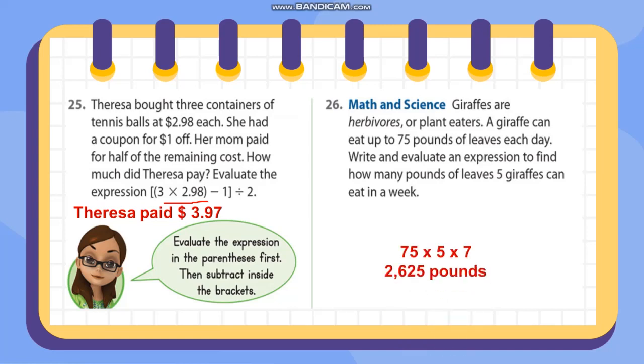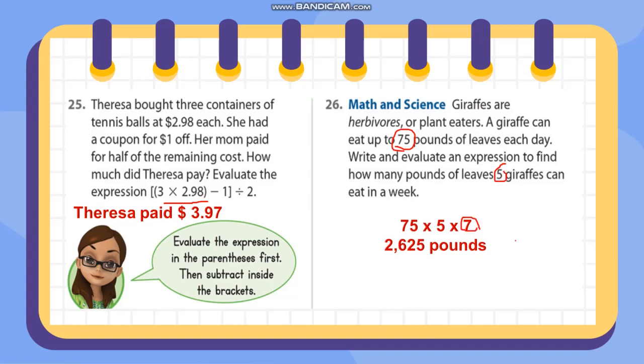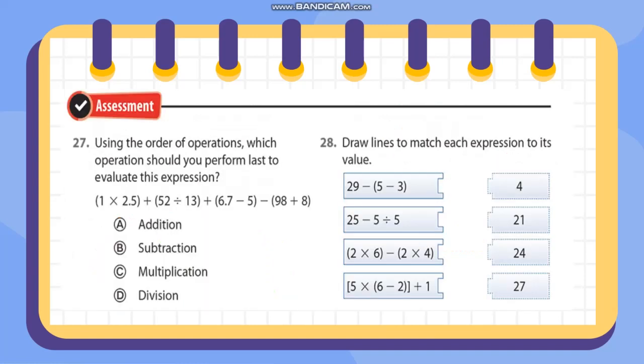So we simply multiply 75 by 5, then by 7. The answer is 2,625.